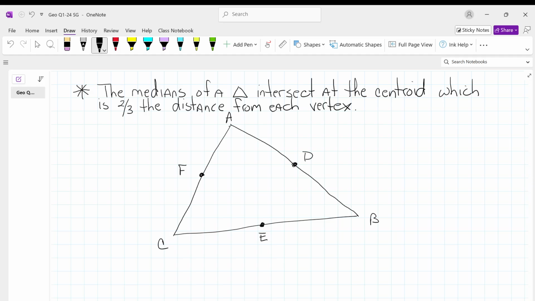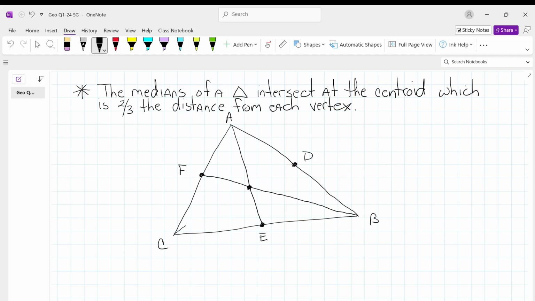Then connect A and E. Connect F and B. And now when you connect C to D, try the best you can to go through this point where the two medians have intersected, even if you got to bend it a little bit.